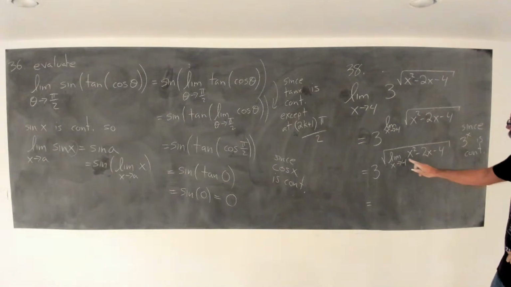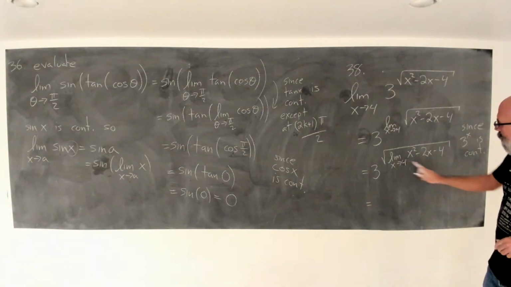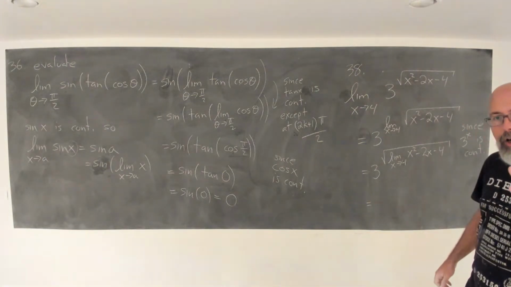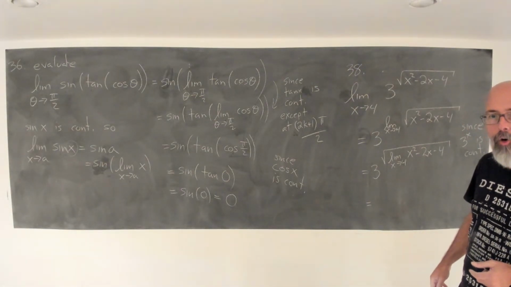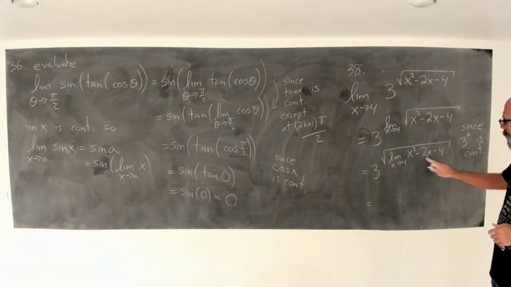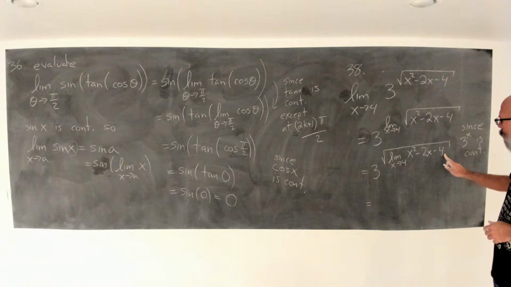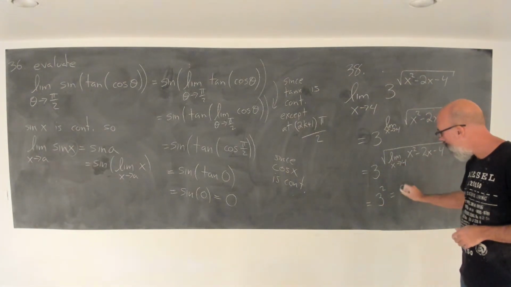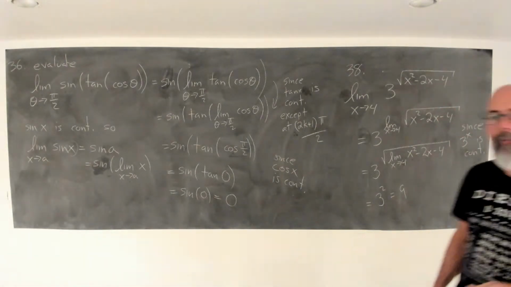What do we have here? By property 10, this limit you can just plug in, which is again the continuity property of polynomials. So if you plug in, 16 minus 8 is 8, minus 4 is 4, square root of 4 is 2. This is 3 squared, which is 9. Very nice.